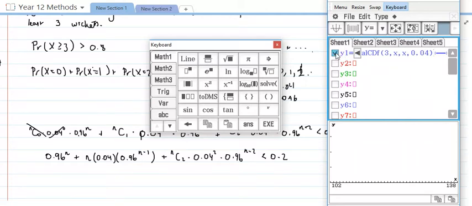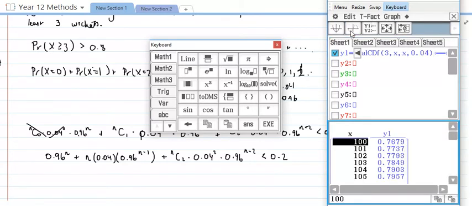So I've written that in, just going to tick that and click this table button here. And there it is. Now I fixed the table up beforehand, but you do that by going to the XY here and you just set the starting value at something reasonable. I picked 100. And what I'm going to do is scroll down until I find where it ticks over 0.8 as the probability of him getting the wickets, and there it is right there.